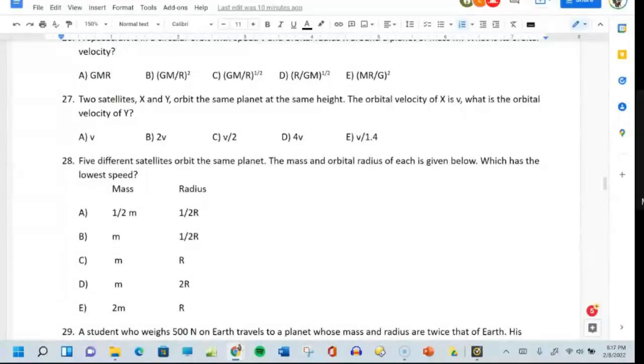The same planet, same height. And what is the answer to 27? I think it was A.